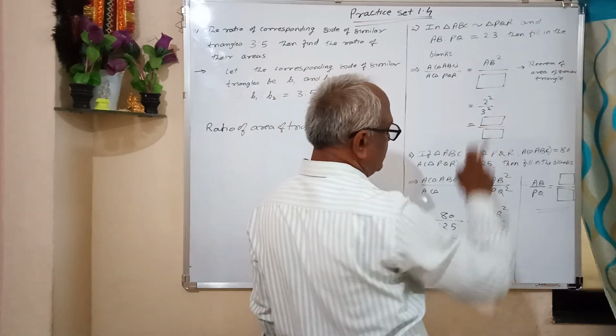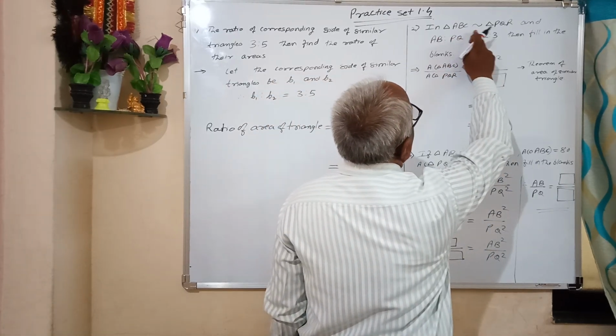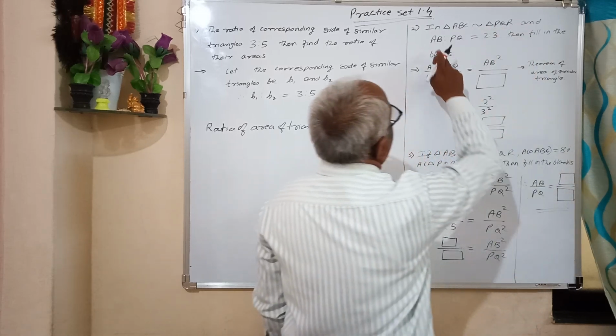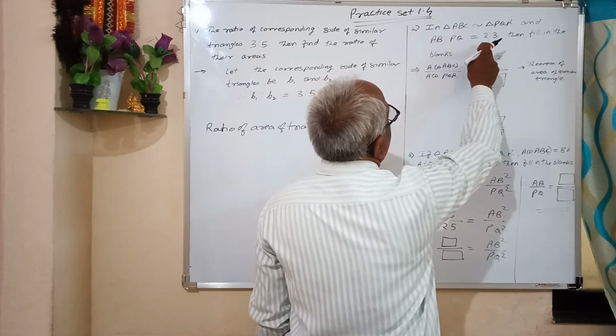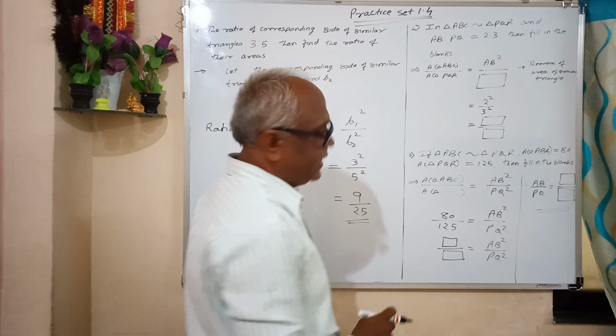Second one is given in the form of an activity. Triangle ABC is similar to triangle PQR and AB to PQ is equal to 2:3. Then fill in the blanks.